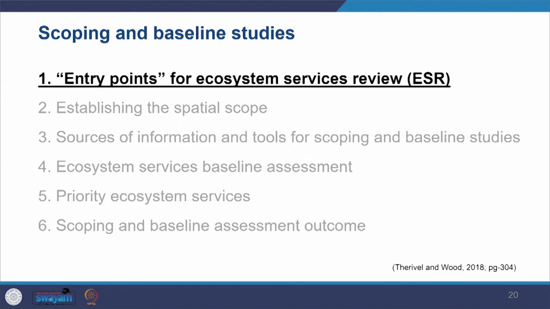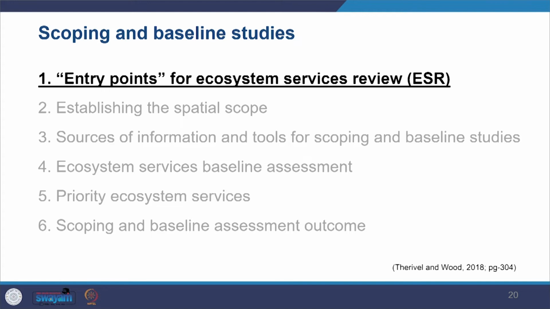Ecosystem service is a multidimensional concept, as we have already discussed. So, you can start the assessment from different possible directions, from different dimensions of it. Therefore, you may determine the entry point for assessing impacts on them.